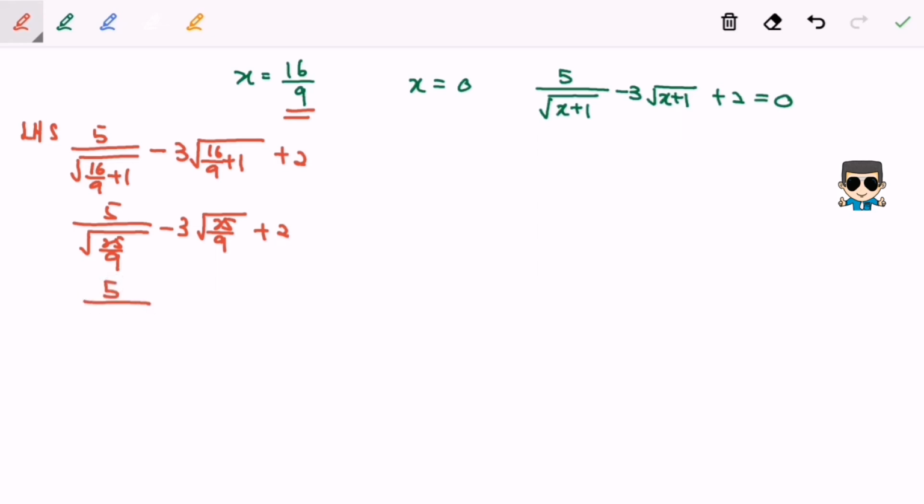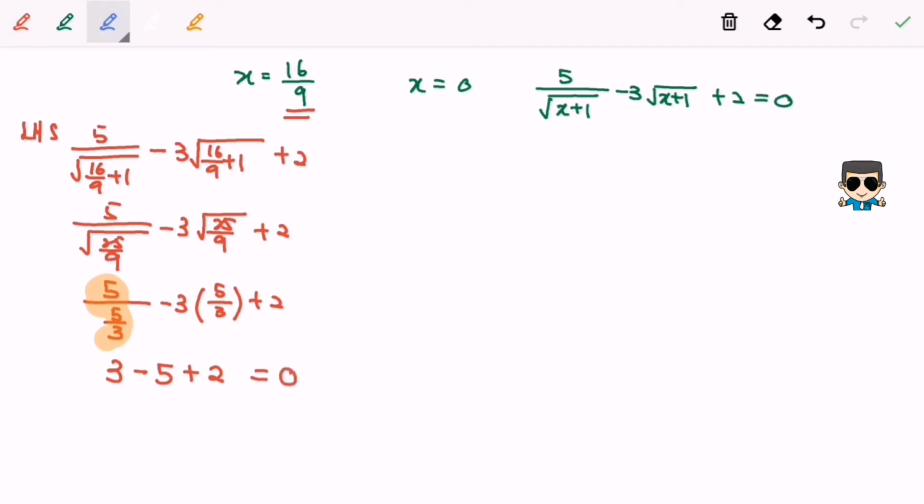We have 5 over 5 over 3 minus 3 times 5 over 3 plus 2. Simplifying, we will have 3 minus 5 plus 2. Finally, our answer will be equal to 0.